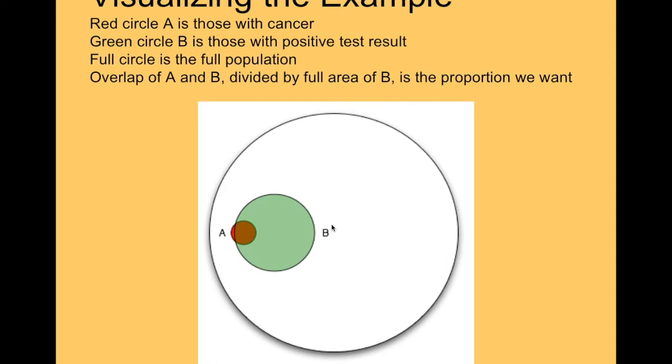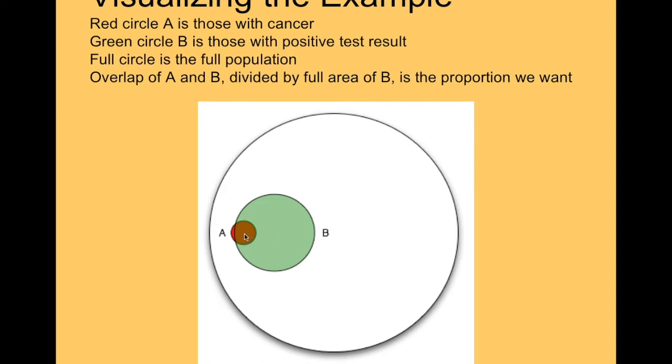That will give us the likelihood that we have cancer. So here, that is these 8 people who do have cancer and also test positive, divided by all of the people who test positive, which is the 99 plus the 8. So it's 8 divided by 107, or less than 8%.